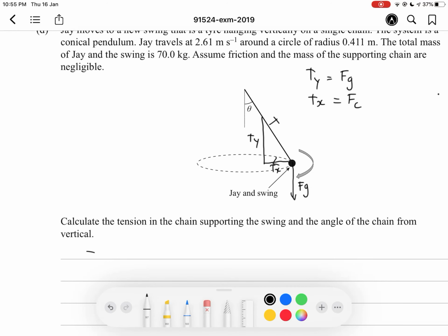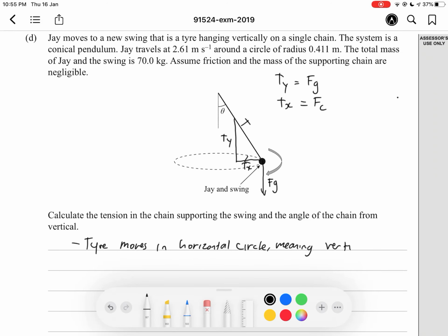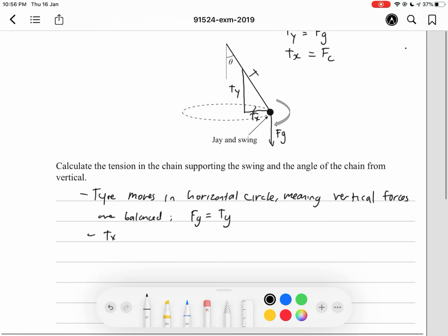So in our statements we can say that the tire moves in a horizontal circle, meaning vertical forces are balanced. Hence, Fg is equal to the Ty component.